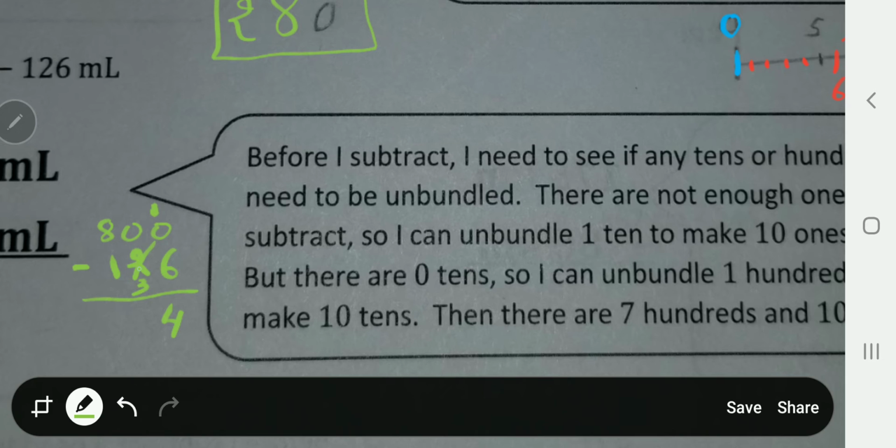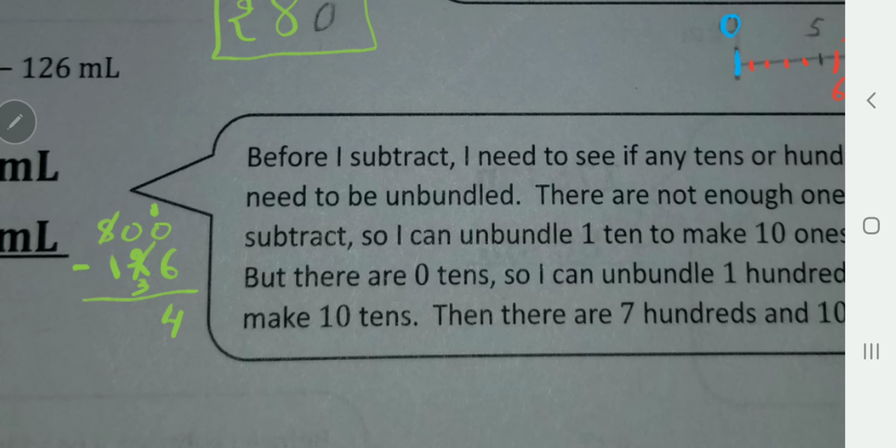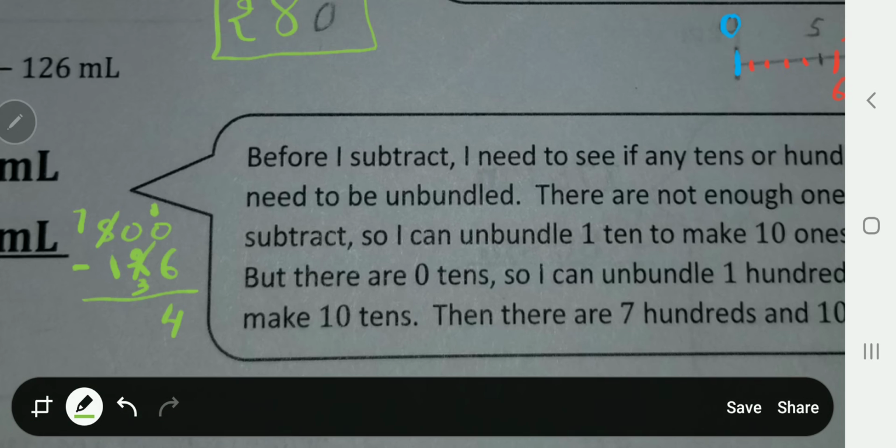Very good. So 0 again, minus 3, I have to borrow again. So now I have the option of either taking it out from 8 and making it 7, or I can keep 8. I'll show you, they're both going to be the same.